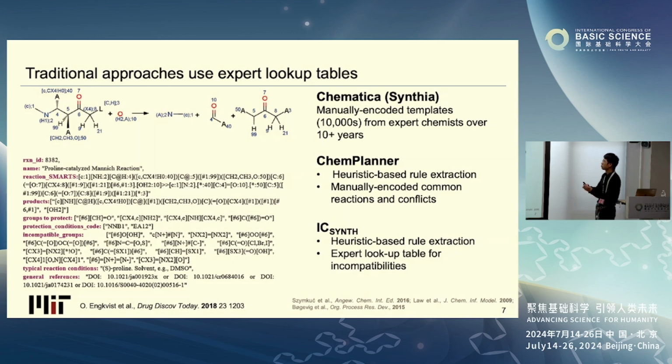It now has more than 10,000 manually encoded templates to cover the organic chemistry space. There are other works as well to encode these reaction rules. Actually, they add more chemical constraints about when these templates can be applied, or when they are restricted. These are the kinds of information typically added in manually curated templates.